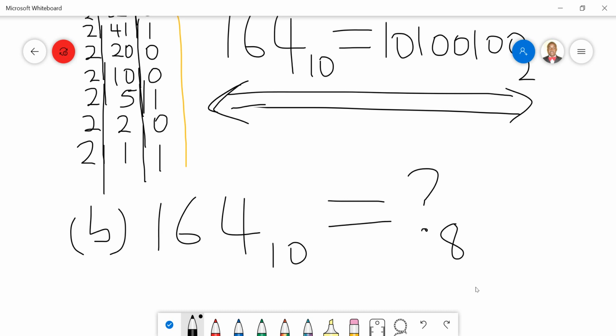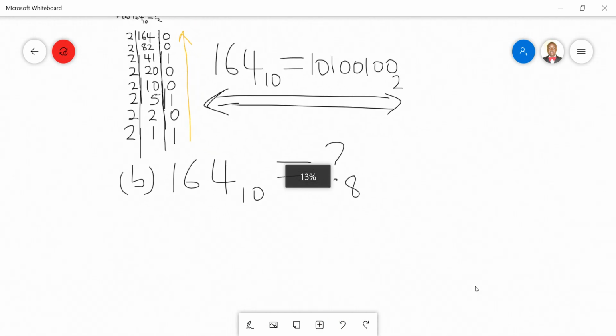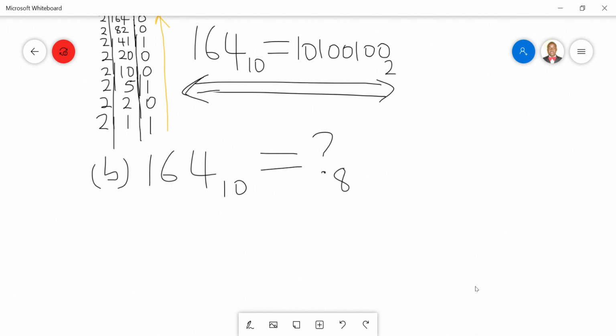From this one, when we convert 164 to binary, we get 101000100.